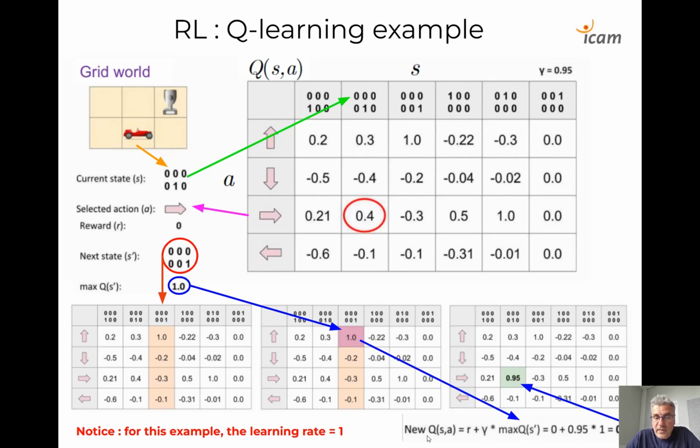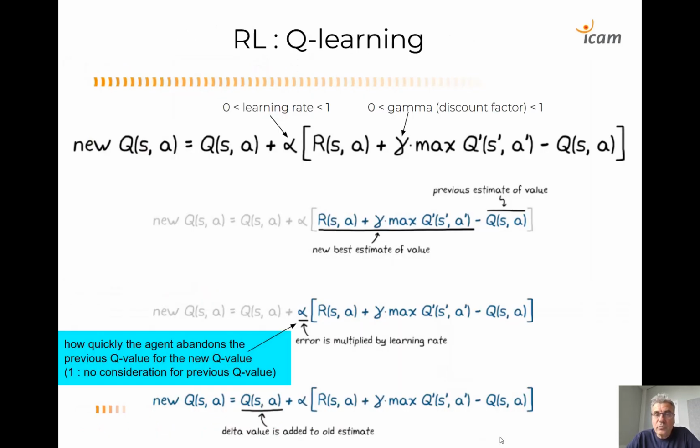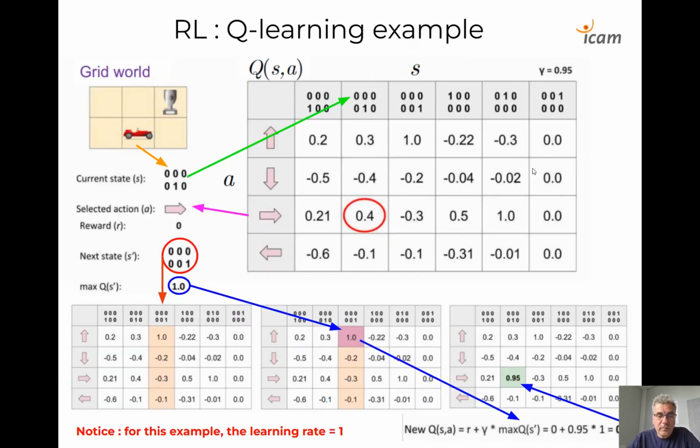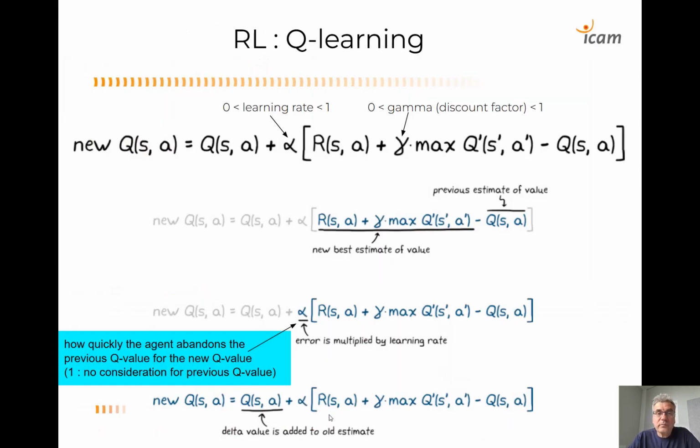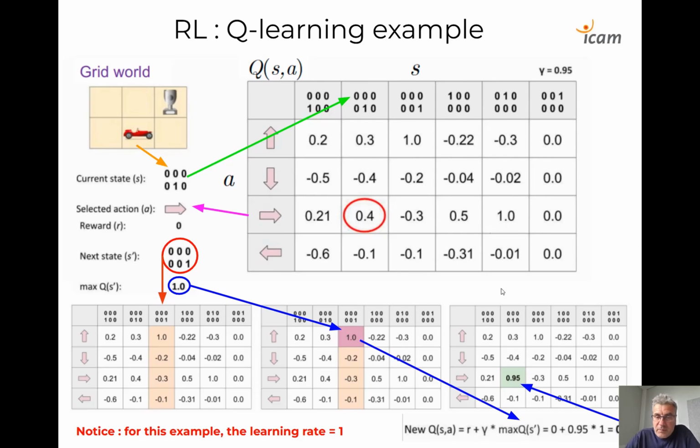So if we apply here the previous equation with a learning rate of 1, this value equals 1. So this one and this one cancel. We just have this part of the equation.